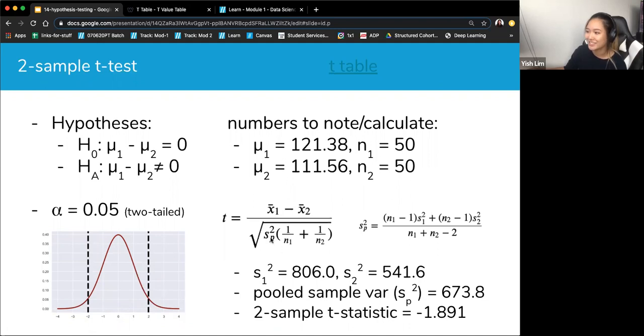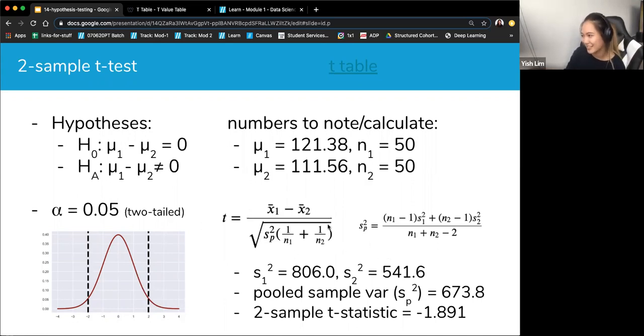Here is the pooled sample variance, which I'm not going to go into as to what it means, but simply put, it's the variance of both of these groups together, which is calculated using this, but I'll talk about that in a little bit. The pooled sample variance is then normalized by the number of people in each sample.